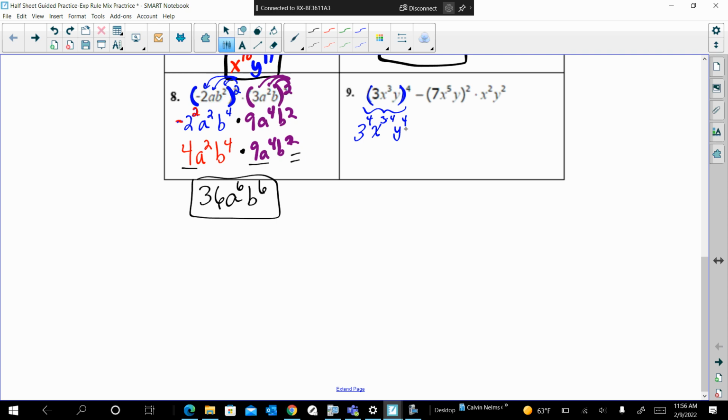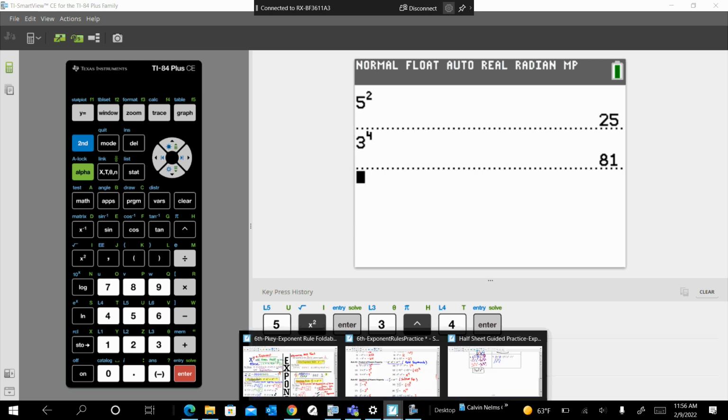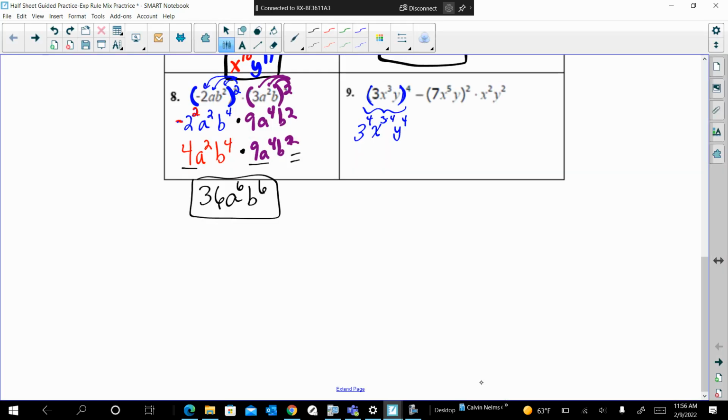Some of you are multiplying 3 times 4 and doing 12. No, you have to raise it to that power, guys. Like, I'm not expecting you to know that. So just put your exponent box. You're not multiplying the number, the coefficient. You're only multiplying the exponents. So this should be 81 x to the 12th power y to the 4th.